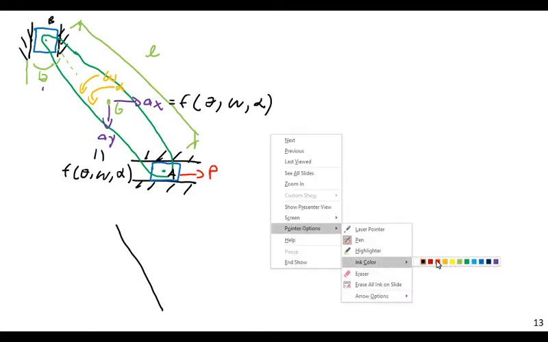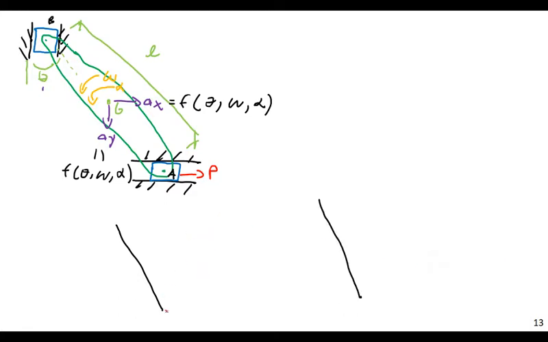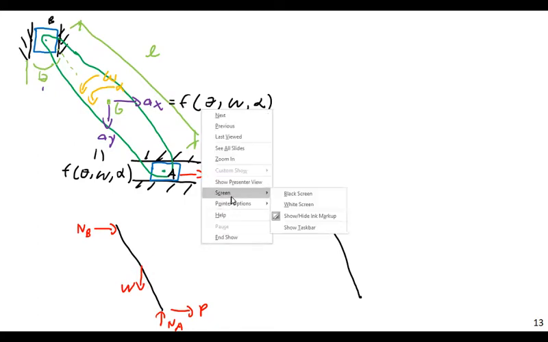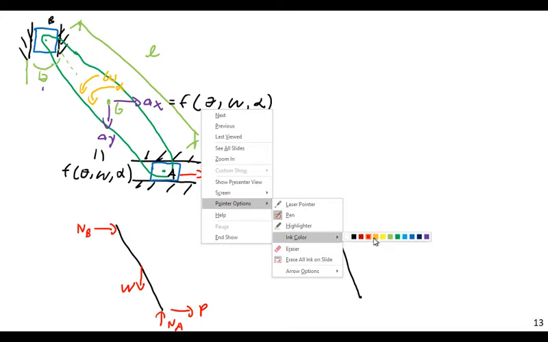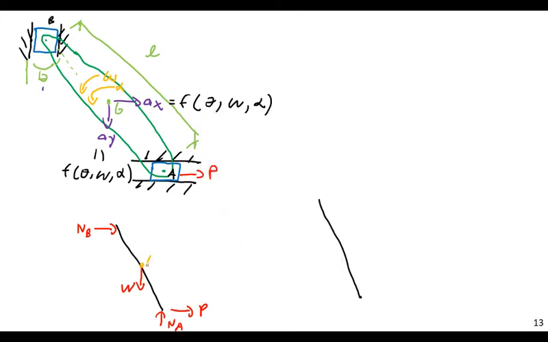I have then P and NA, and then NB, and then the weight here at G, with this being at point G. Let me label that here in light green, like I did last time.